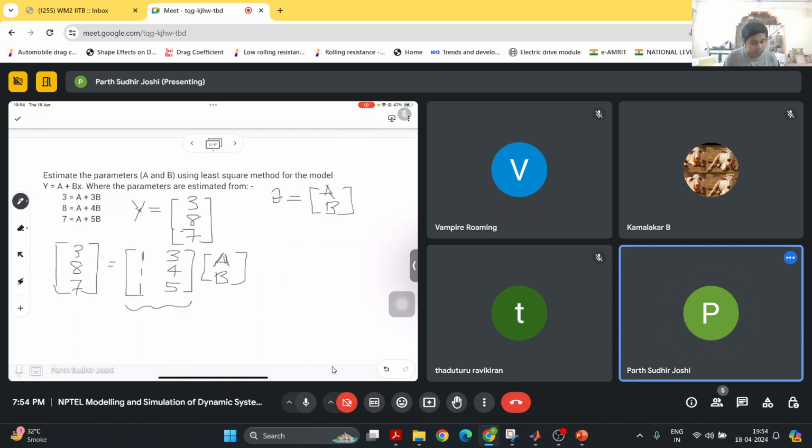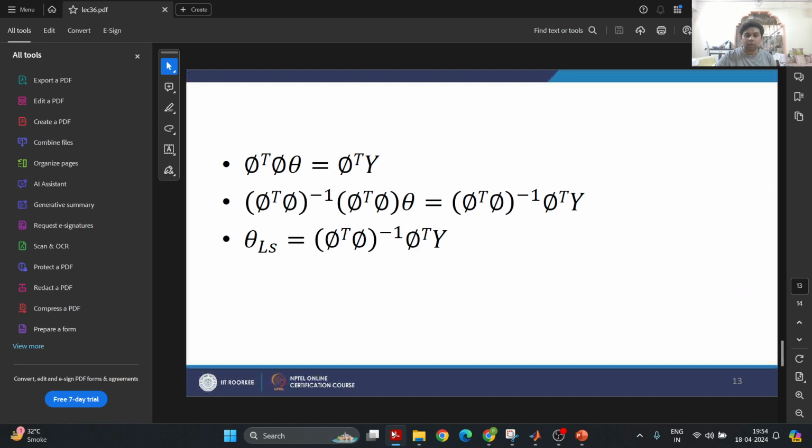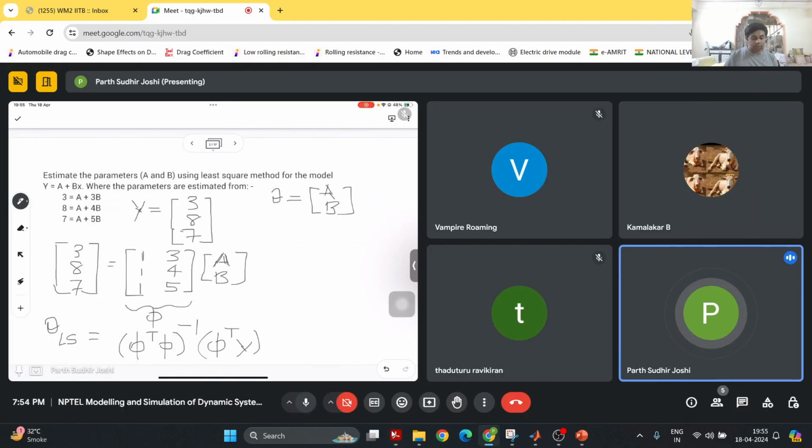This will be our phi matrix. So our least square estimate of theta will be basically... Is this the correct equation?